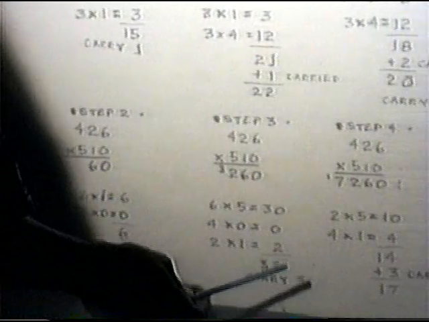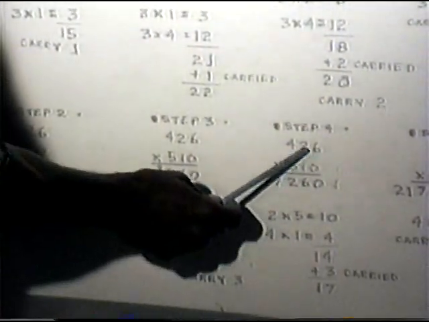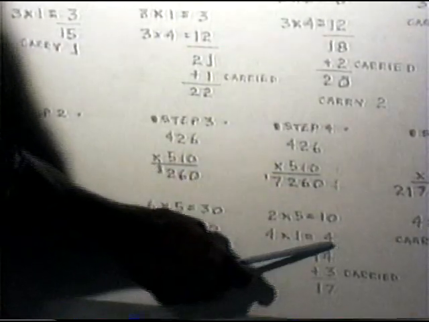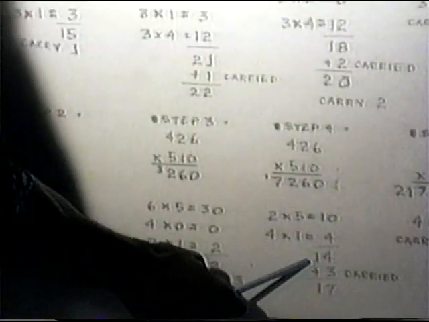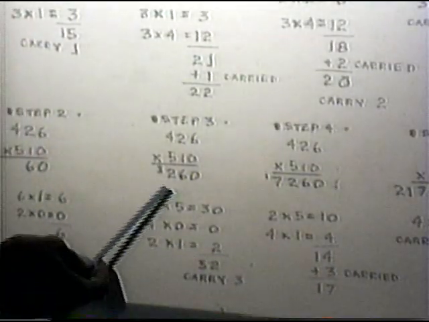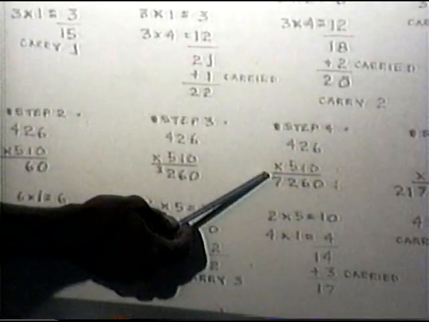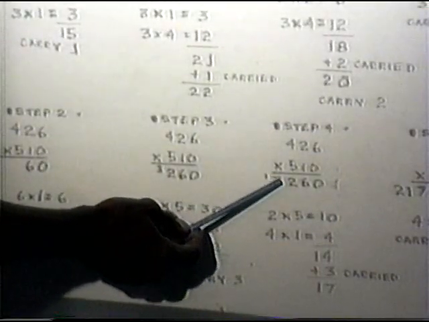Now we're into the fourth step, which is cross multiplication. 2 times 5 is 10. 4 times 1 is 4. We add it together, we get 14, plus the 1 that we carried, remember? Which makes 17. So we carry that 1 right there.